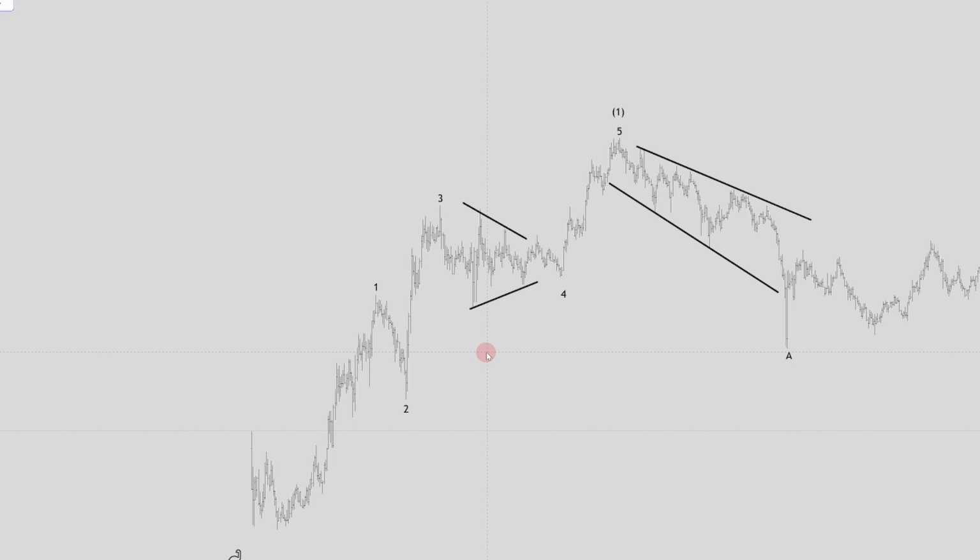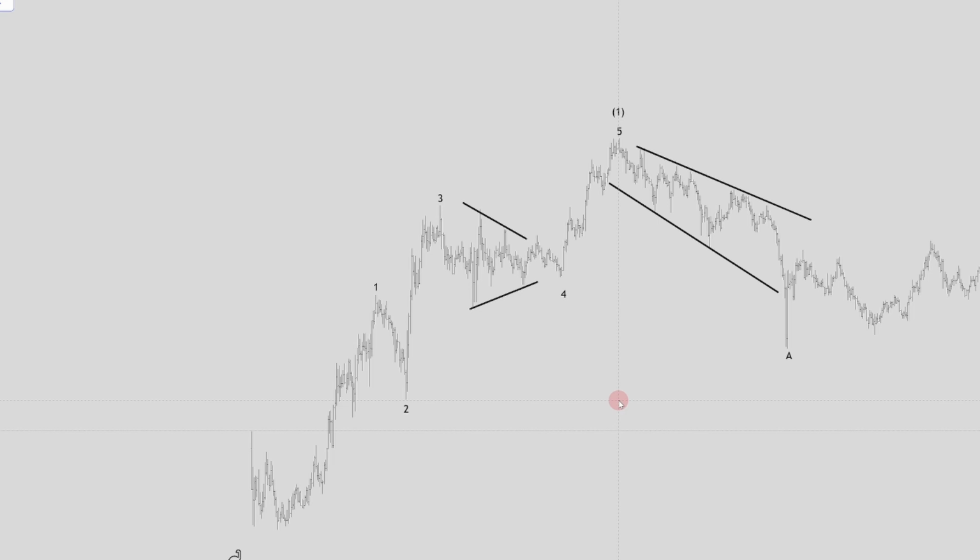Now, when we see triangles, they normally indicate the end of something. For example, this is for wave 4, so it indicates the end of this impulse wave. Sometimes when we see triangles in wave B, they indicate the end of the correction. Even if we are seeing in larger time frames that, for example, wave C could last for 2 years, it's still the last leg.